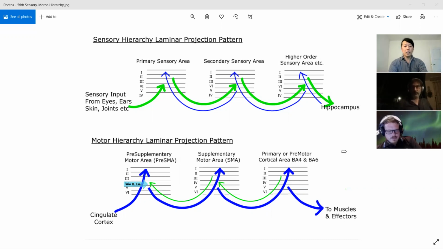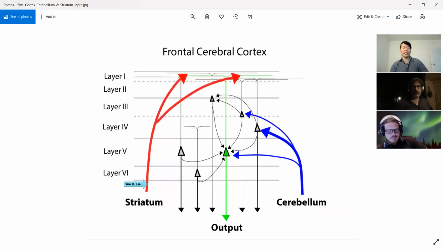Now, in order to really understand the striatum and the cerebellum, we need to talk about some recent research. Well, it's actually 10 years ago now. Time does fly, doesn't it? That research came from Japan. What they found was that the closed loops of the cerebellum end up in layer 4, and the closed loops of the striatum end up predominantly in layer 1.